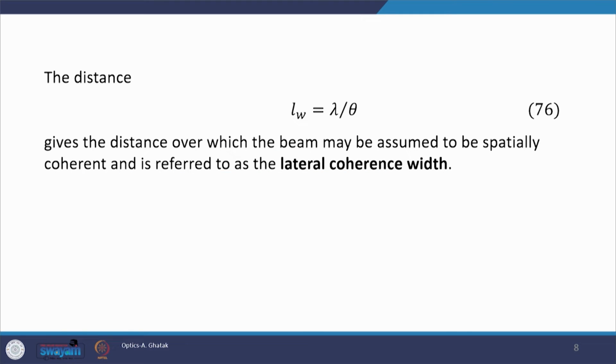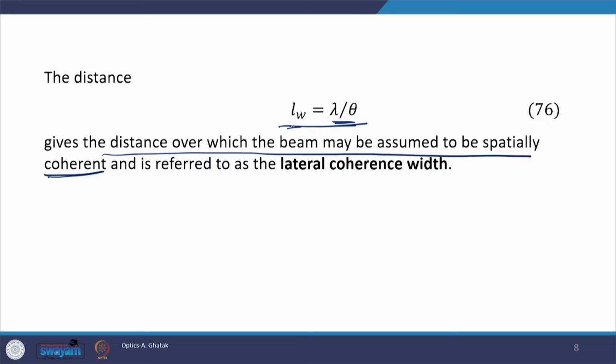Now, this distance, which says that LW is lambda by theta, gives a distance over which the beam may be assumed to be spatially coherent. Now, we are talking about the transverse extent of the beam. And this says that if it is equal to lambda by theta, we will see a uniform background, no fringes, and if it is smaller than lambda by theta, we will see good contrast fringes.